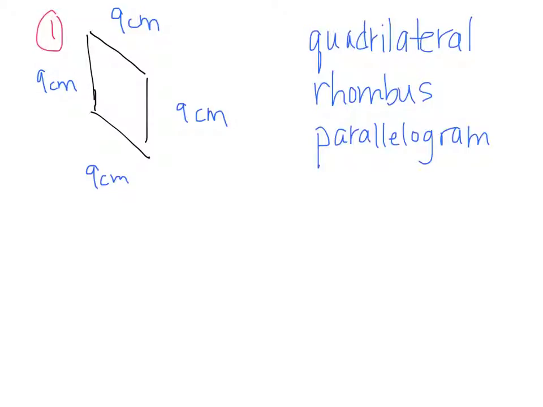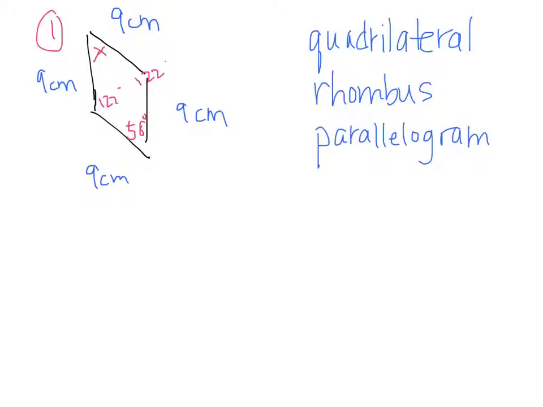Very good. Okay, so now we have to figure out the missing angle measure. So on the inside, we have here 58 degrees in this corner, 122 over here, and 122 over here. What do we know about parallelograms and rhombuses about the angle measures?